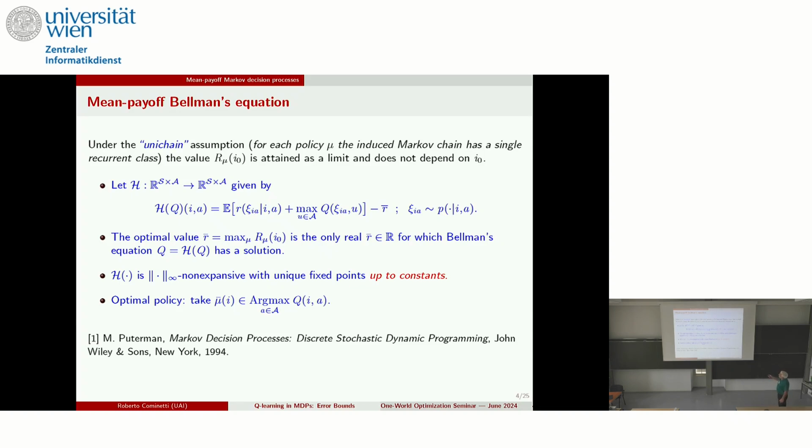But then you have to subtract R bar, and that's a problem because R bar is typically unknown. The optimal value R bar is the only real number for which this Bellman equation, the fixed points of H, exists.